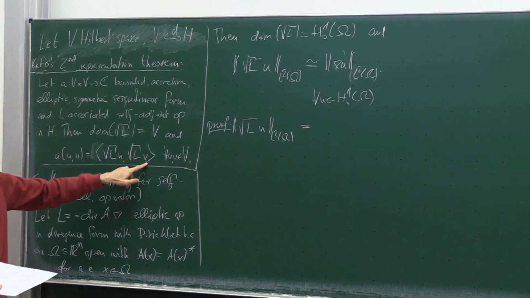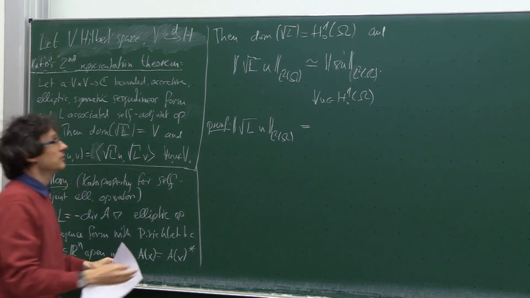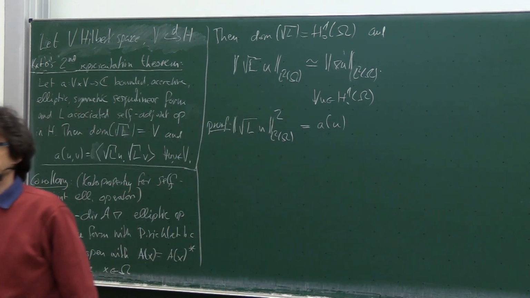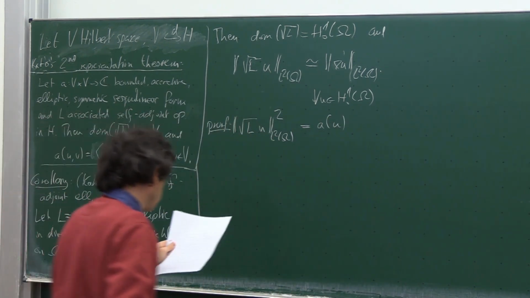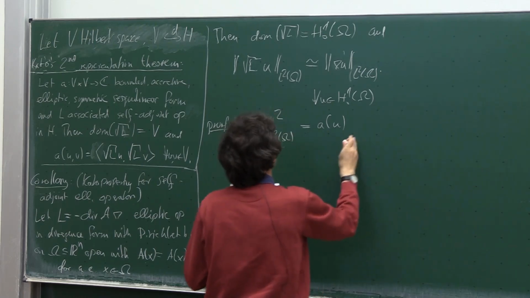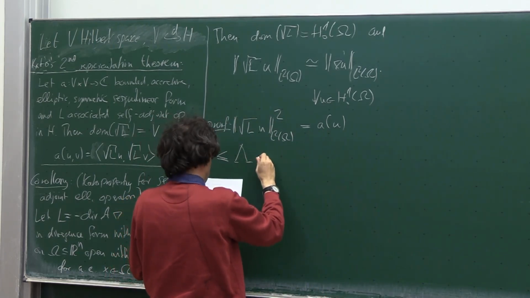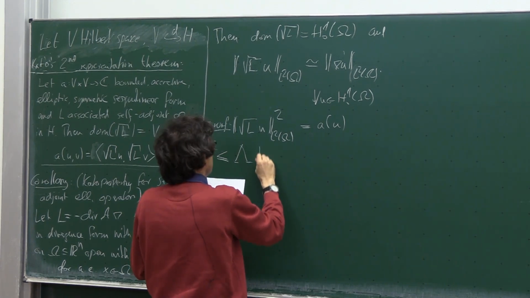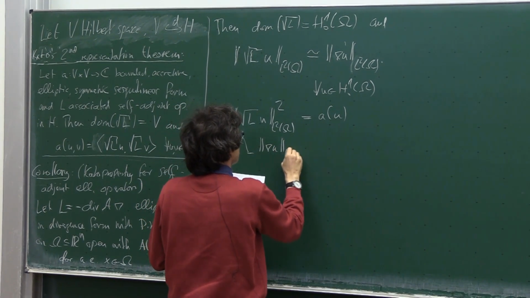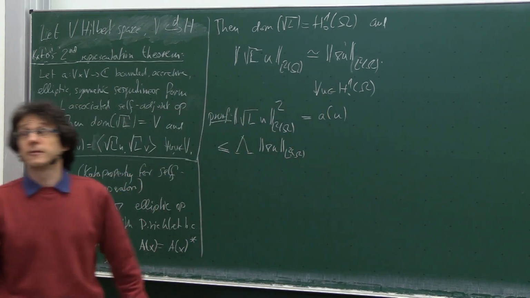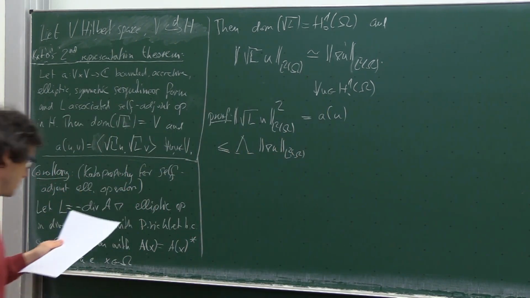So if you put u equals v, this gives you the square of this norm. So this gives you A of u, the quadratic form of A. Then you can use boundedness of the form. This gives you this constant capital lambda times the gradient of u measured in L2. This already gives you the first part of the equivalence of norms here.